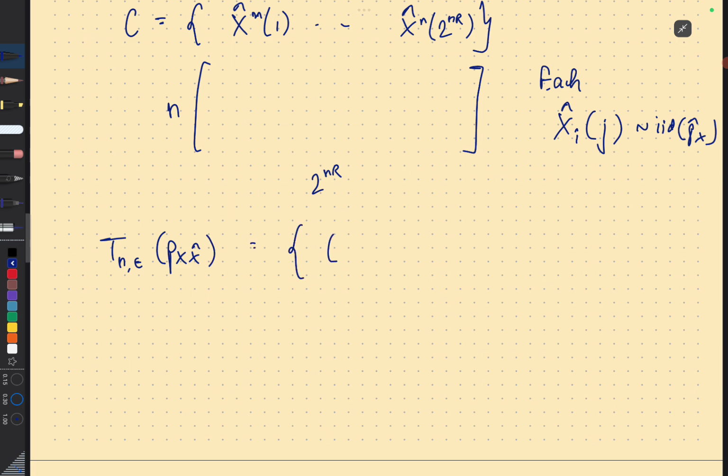It is the set of all x^n, x hat^n such that the empirical frequencies are all close to the corresponding probabilities.